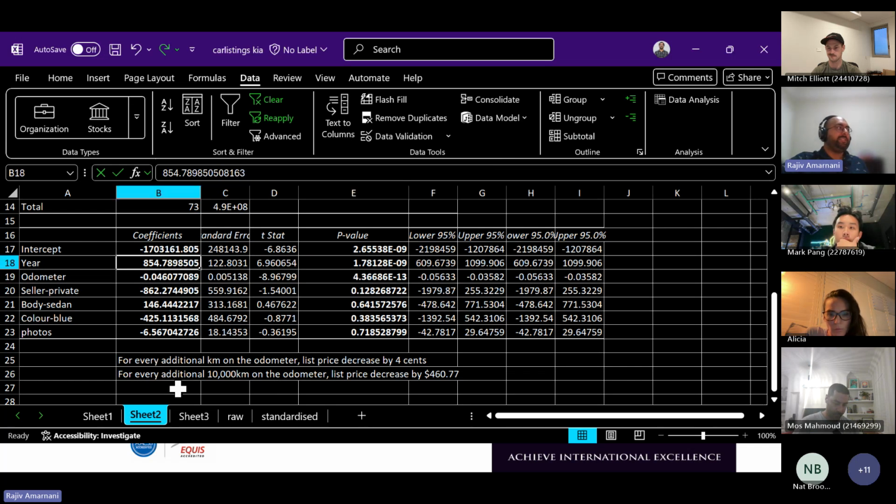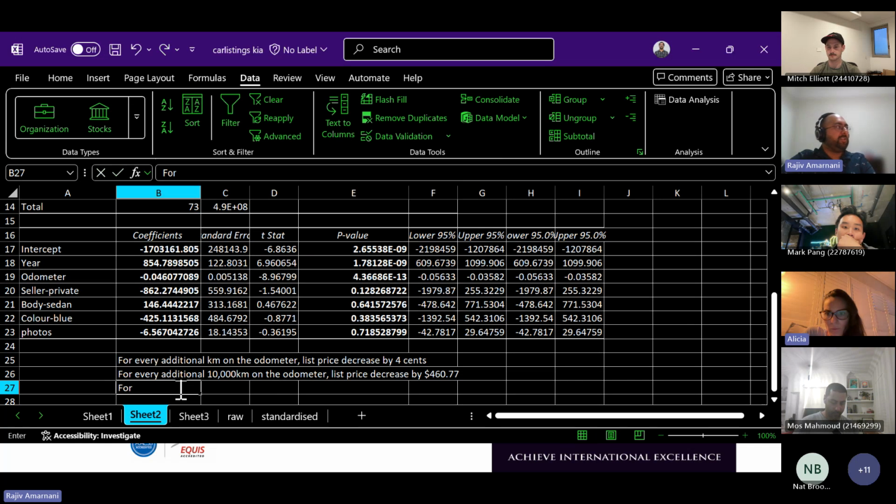Then we have the model year. So again this is statistically significant, and this is in units of dollars because it's predicting list price. So for every later model year, list price increases by $854.79.